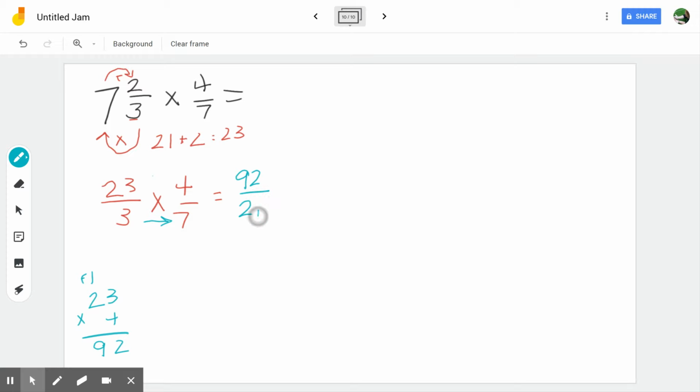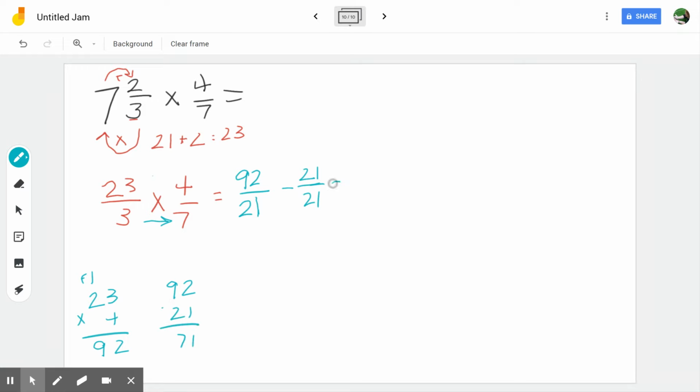Now, we have an improper fraction. So like I've been saying, we can subtract wholes. A whole would be 21/21. Okay? Now, we do 92 minus 21, and we get 71.